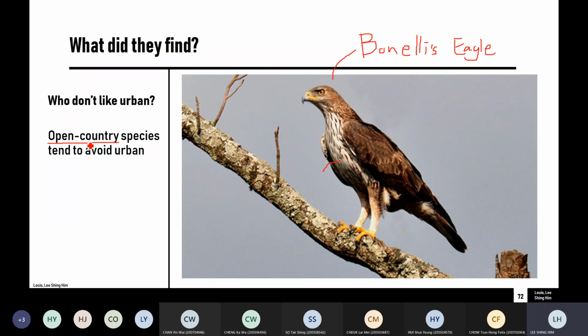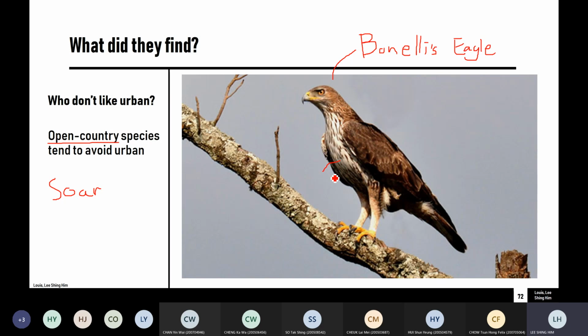So they are not woodland species. They are open country species, meaning that they have to soar in the air. And as they could not see inside the woodland, they need a large area with low vegetation, like mountainside or upland grassland. So they do not like urban areas because the structures or the buildings inside an urban area just look like a piece of jungle to these raptors.